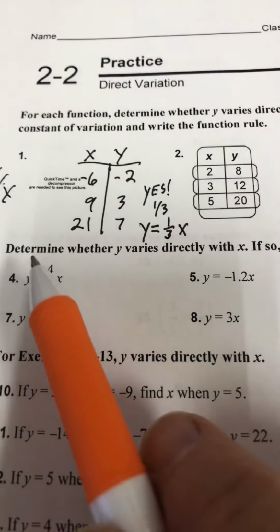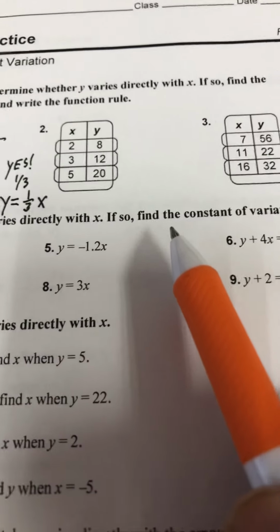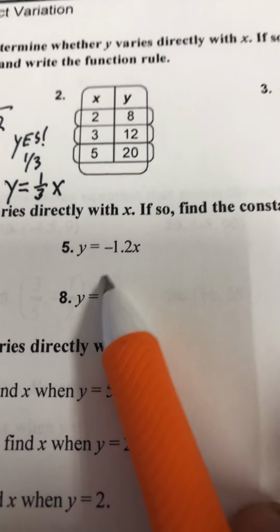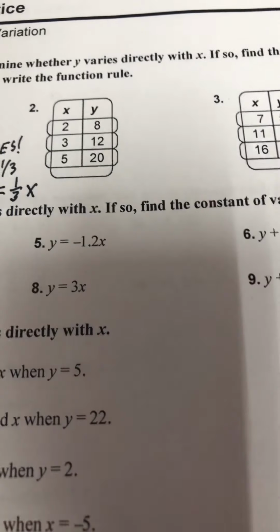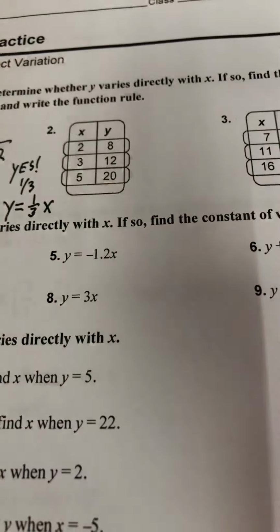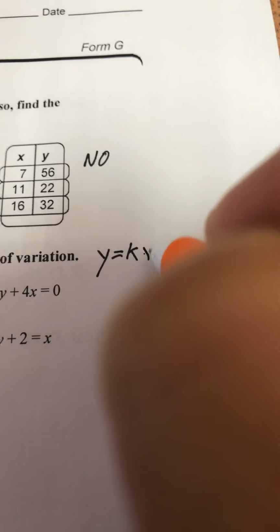Going on to this group of problems here. Determine whether y varies directly with x, and if so, find the constant of variation. Taking a look at number 5, this is written in that way that we talked about last week, y equals kx.